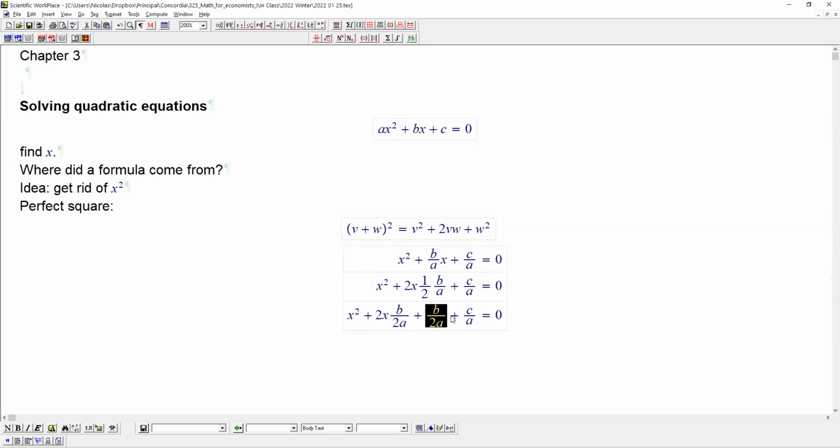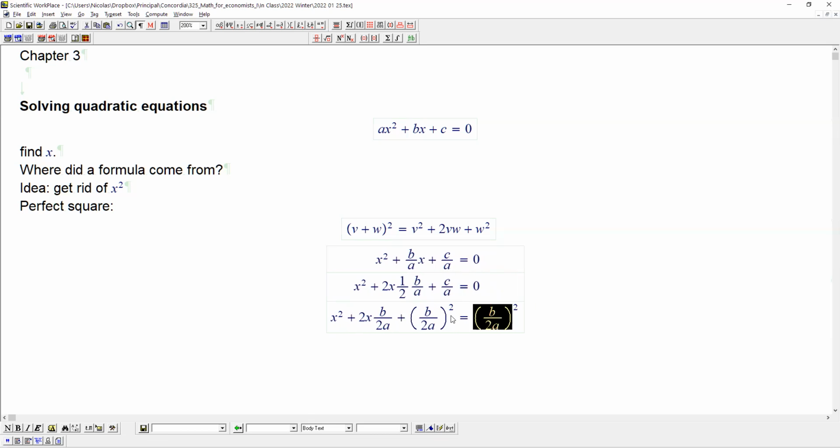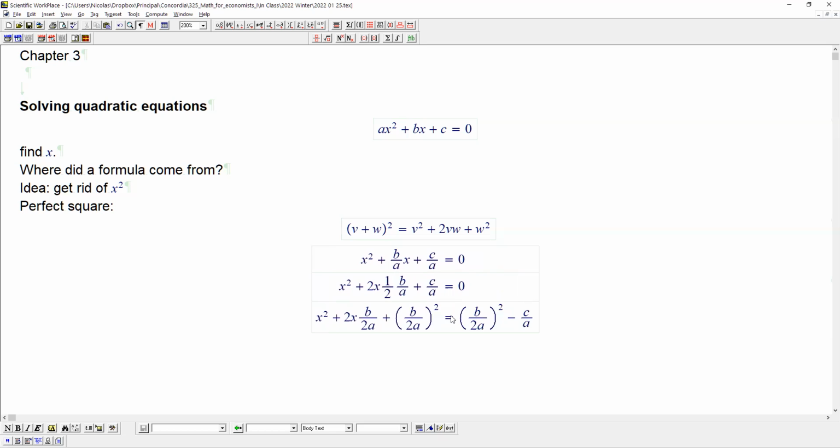Plus w squared. And then, of course, I'm adding w squared, so I'm going to add w squared on this side as well. And what I can do is just subtract c over a on both sides and get this, all right? So this is a perfect square.